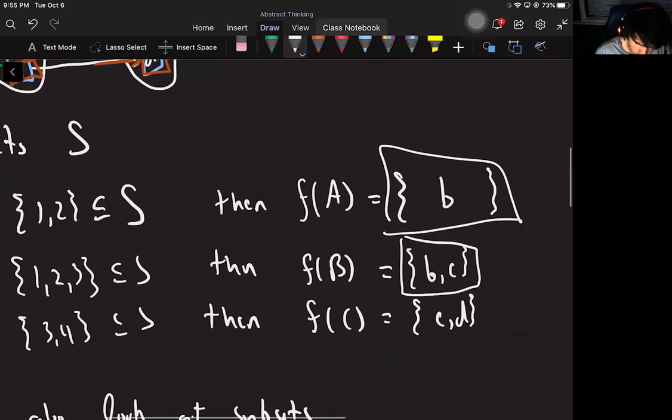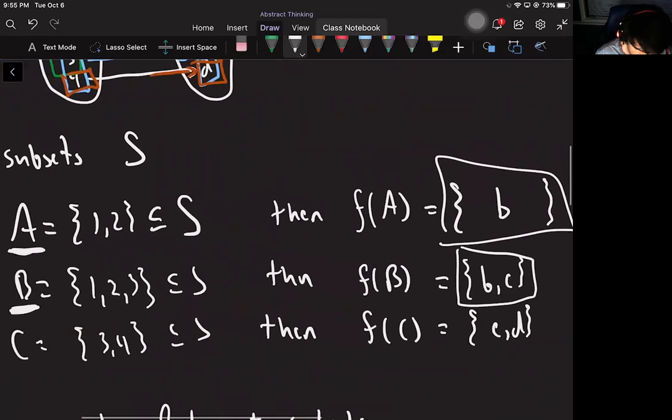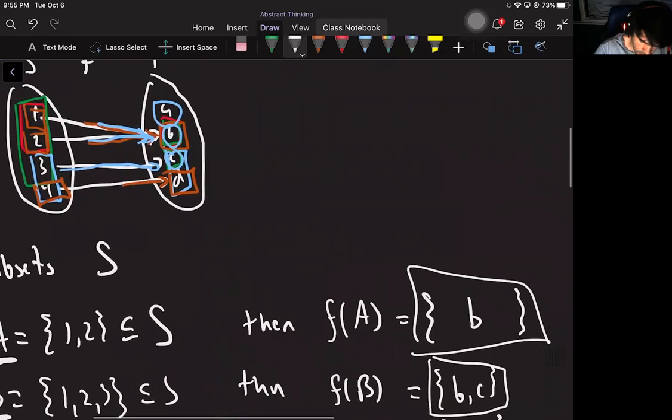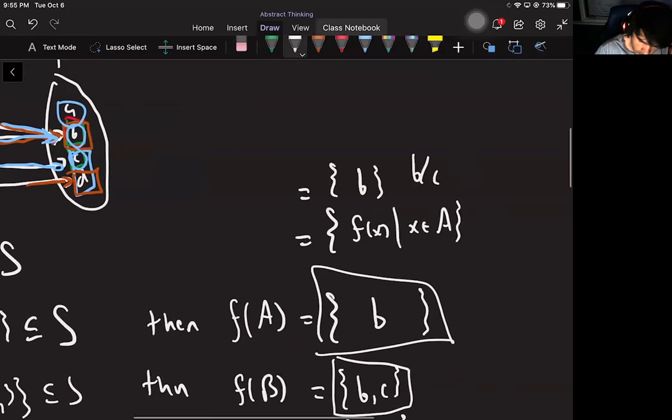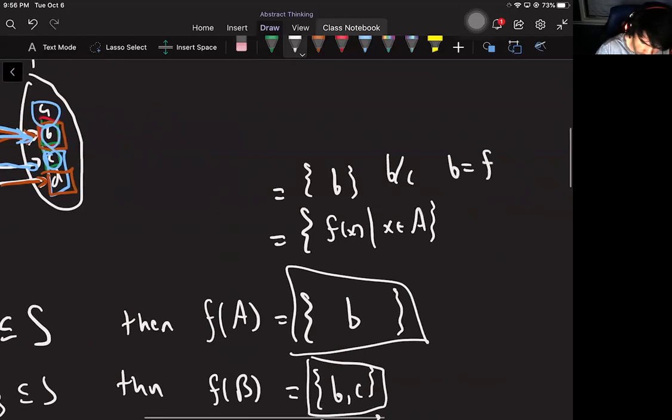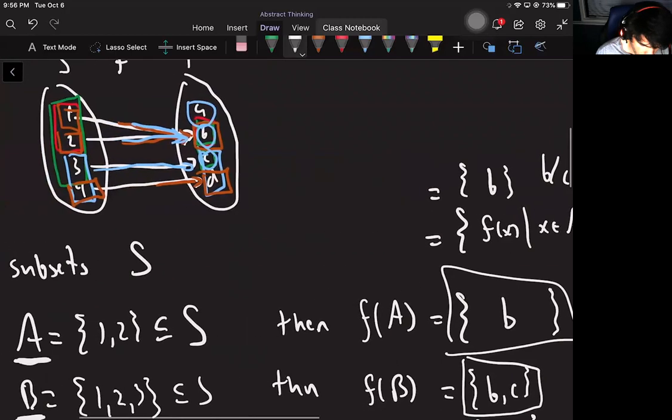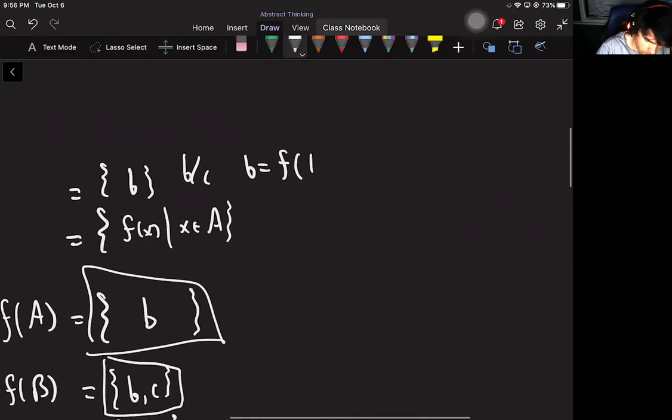So why was f of A equal to just little b here? Well, by definition, this is what the set actually is. And so the things that are in here are just b, because b is f of something in A, f of 1.